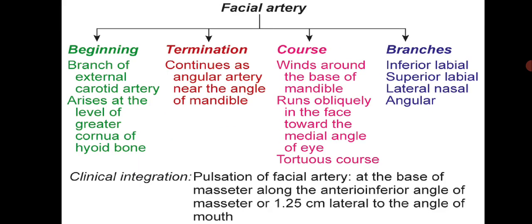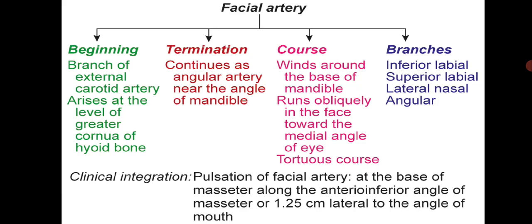Facial artery flowchart. It begins from the external carotid artery in the carotid triangle, arising at the level of the greater cornu of the hyoid bone. It terminates at the angle of the mandible as the angular artery. Its course winds around the base of the mandible and runs obliquely in the face towards the medial angle of the eye, and it is tortuous in course.